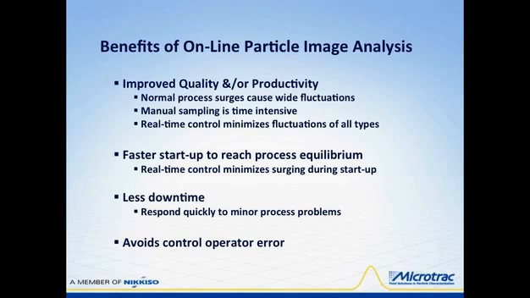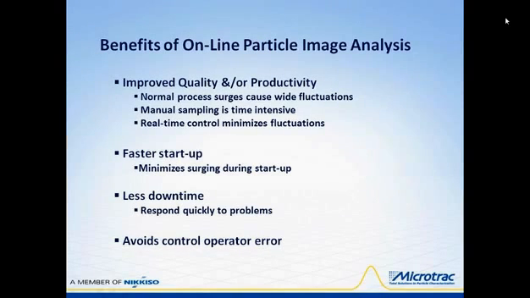Manual sampling and lab analysis is manpower intensive, takes time, and is subject to representative sampling error. Real-time control minimizes fluctuations. Faster startup: reach process equilibrium faster, with the opportunity to minimize surging during startup.